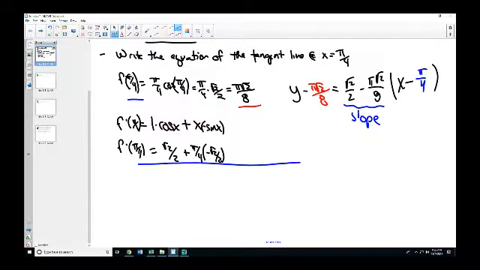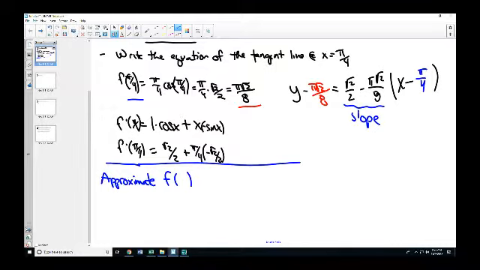Okay, so that we've done. Here's the extension. Approximate f at, what's pi over 4 as a decimal?